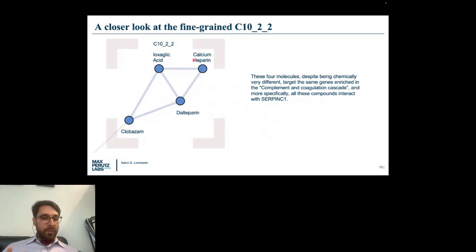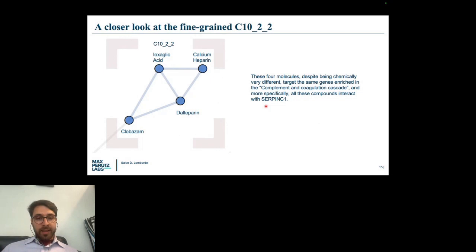Although you might have some feeling that a bell is ringing, because you have a calcium heparin here and a dalteparin, which are 2 molecules of the same family of the heparin. But besides that, these chemical exposures are fairly different. However, all of them target a specific protein, which is called SERPINK1, that is responsible for the production of antithrombin.